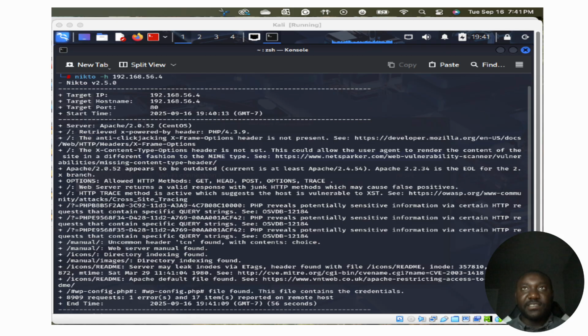XST stands for cross-site tracing. It is a method that involves the use of cross-site scripting, so they are pretty similar. It involves the use of XSS and the TRACE or TRACK HTTP method. Those are the two that we are going to mainly focus on.